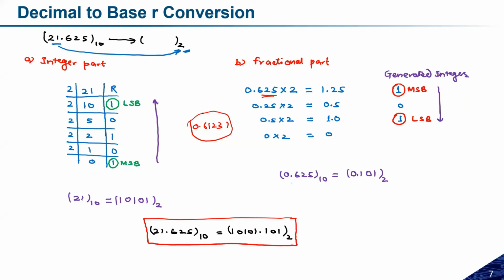Then how many stages do we have to consider? It may take long stages, and might not convert completely in the binary number system. So you have to consider at least 3 to 4 places after the point.